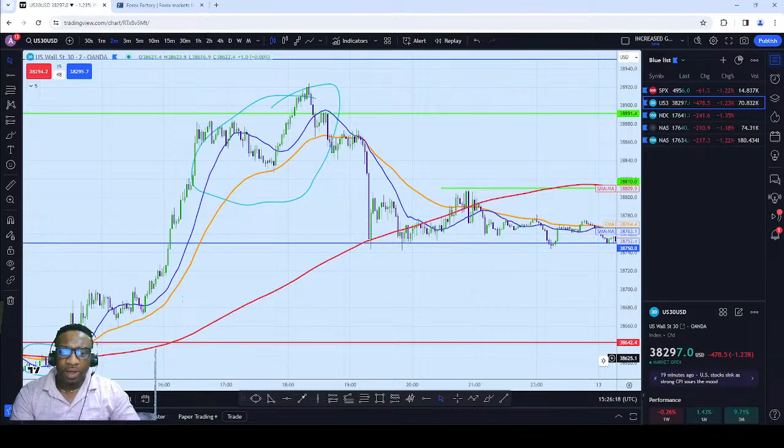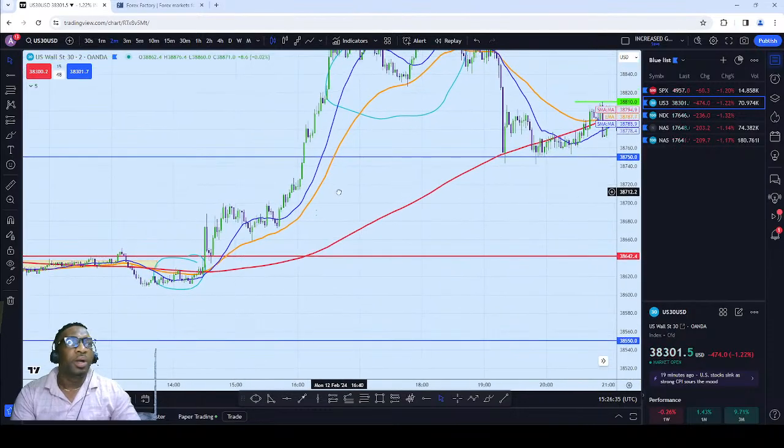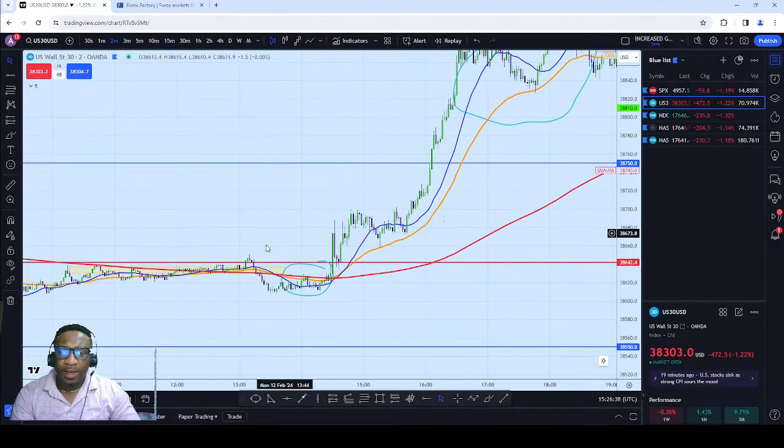So as you can see, compared to how we were struggling at the narrow state yesterday, as we were trying to get an entry here, I think we got stopped out on a number of occasions.